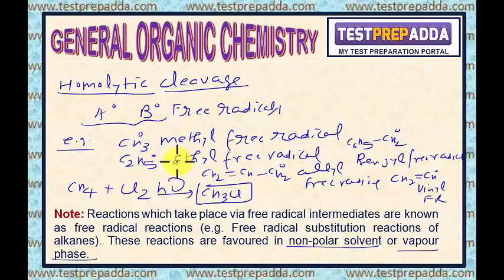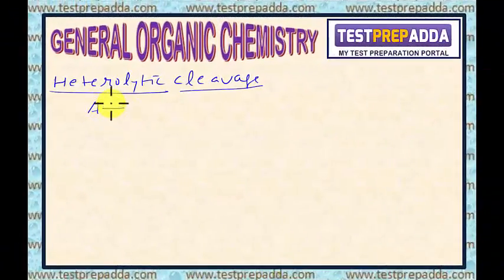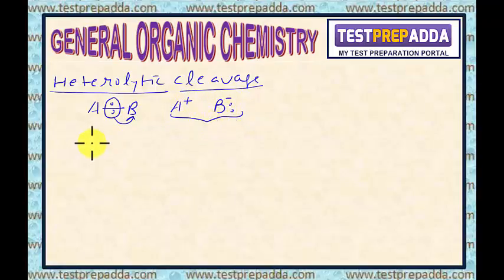Now I will talk about heterolytic cleavage. As I told you, in heterolytic cleavage, both the electrons are given to one of the constituent atoms, and this way we get charged species. And in case of substrate where carbon will be involved in the bond breaking, carbon will get positive or negative charge.